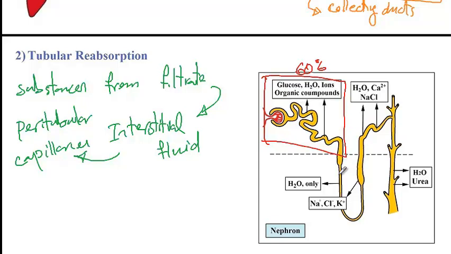Then we have the descending loop of Henle that reabsorbs water only. And then we have the ascending loop of Henle that reabsorbs sodium, chloride, and potassium. Next, we get to the distal convoluted tubule that reabsorbs water, calcium, and sodium chloride. And then finally, we get to the collecting ducts that reabsorb water and urea.